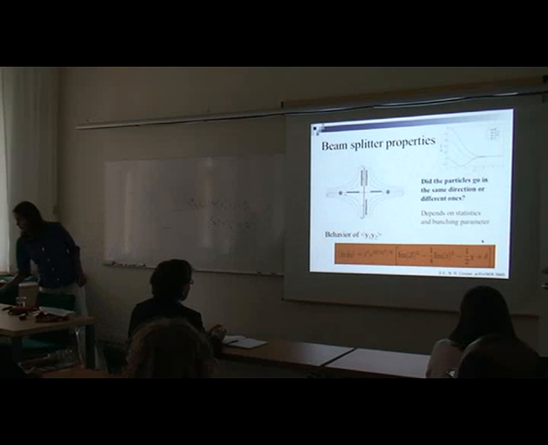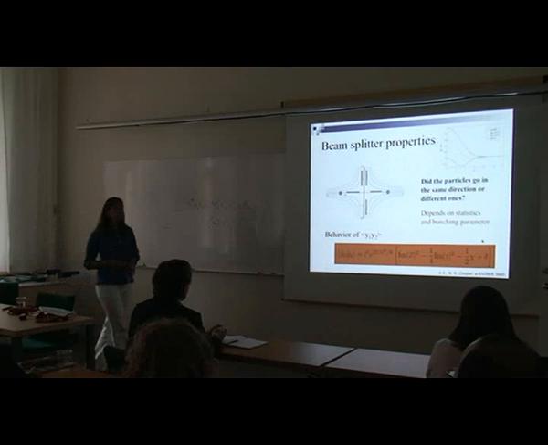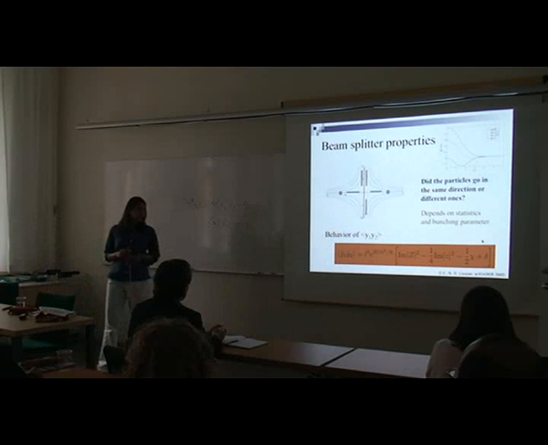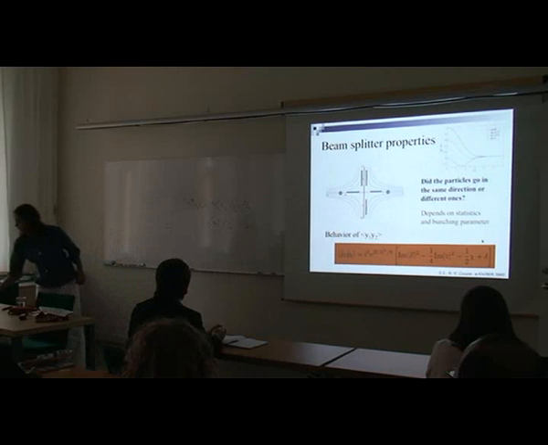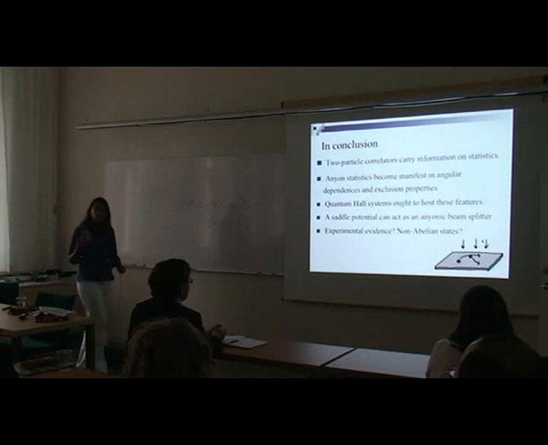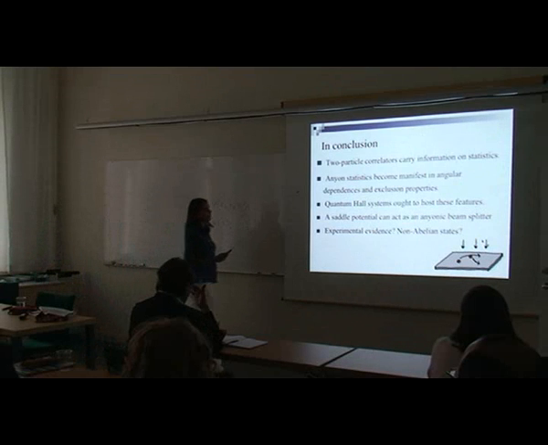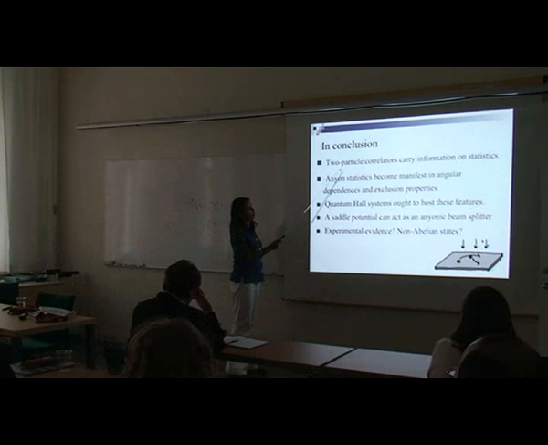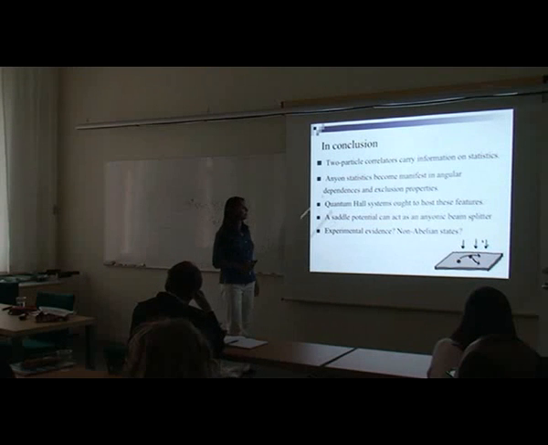Okay, if there are no other questions, that's more or less bringing me to the end of what I wanted to say today. Let me just conclude. Hopefully I've shown you that these two particle correlations actually carry very useful information on statistics.